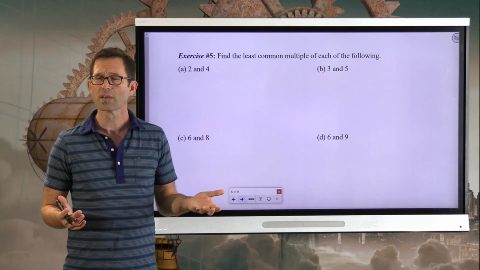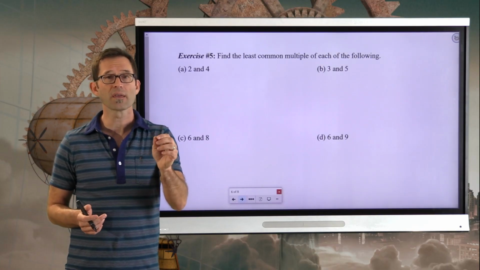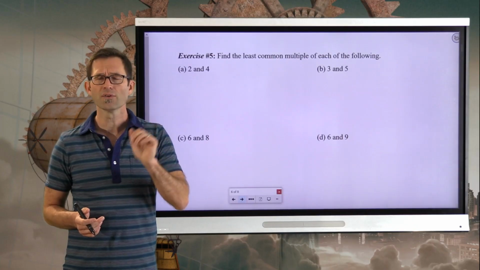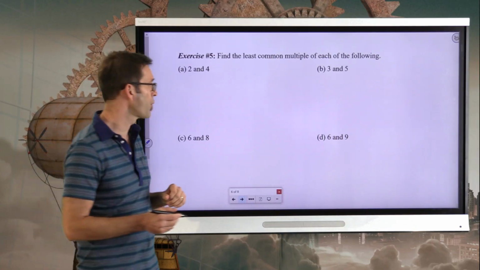Now, sometimes this can be a little bit tricky because it can be quite easy. All right, and here's what I mean by that. Let's take a look at 2 and 4 and how we're going to do this.